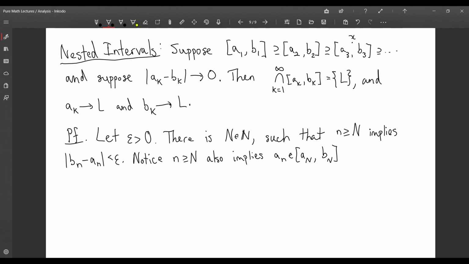Because clearly a sub n is contained in a sub n to b sub n, and this is going to be contained in a sub big N, b sub big N, right? Because for smaller values of the index, that's going to be the bigger interval.